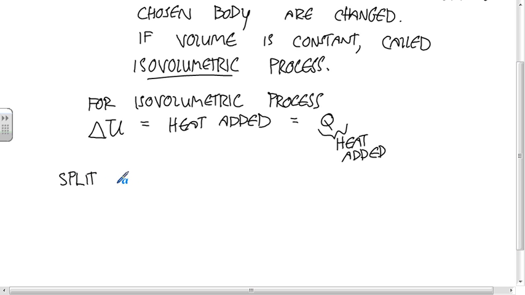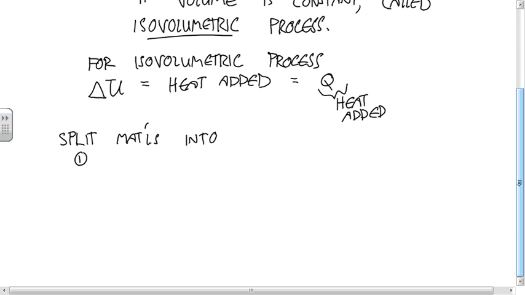I guess we'll do more materials than gases. Split materials into two categories: monatomic gases and everything else.